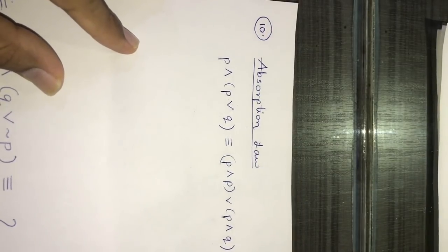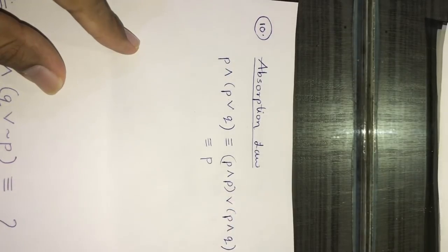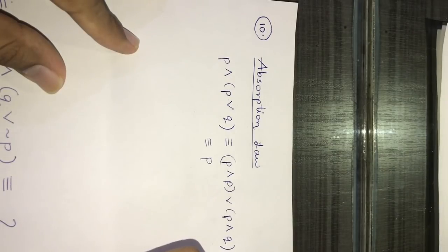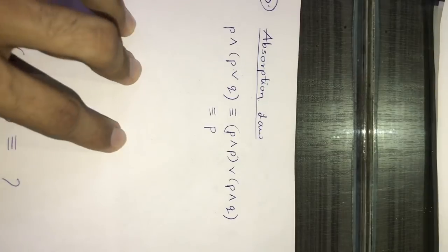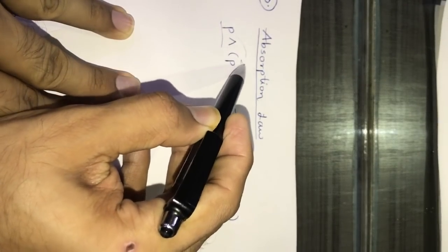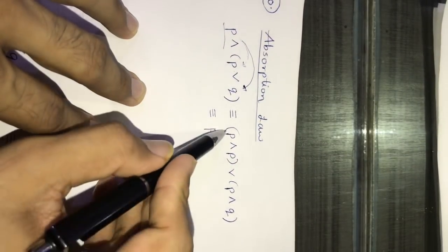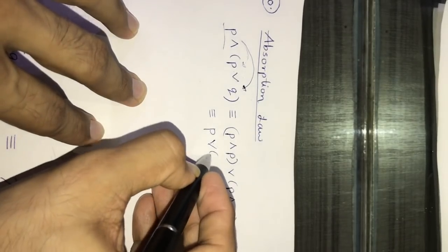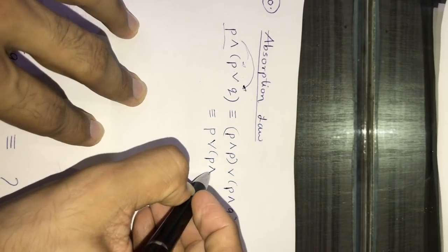Now P and P is by the idempotent law P, right? First I used which law? The distributive law. I have distributed P and inside, so P and P or P and Q, and once I do that, P and P becomes P, by the idempotent law, the first law, and I get P or (P and Q).